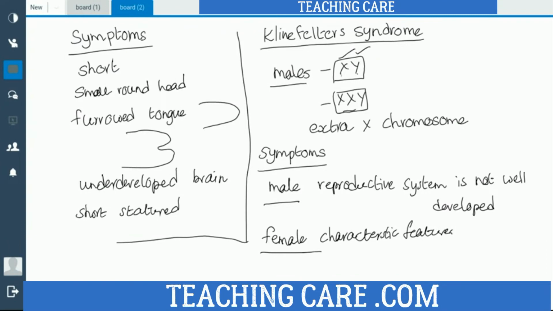These males will show some female characteristic features, as well as the male reproductive system is not well developed. So they cannot go for reproduction.